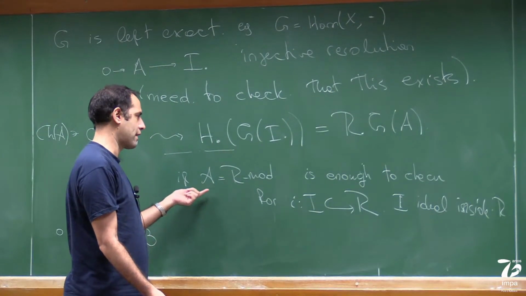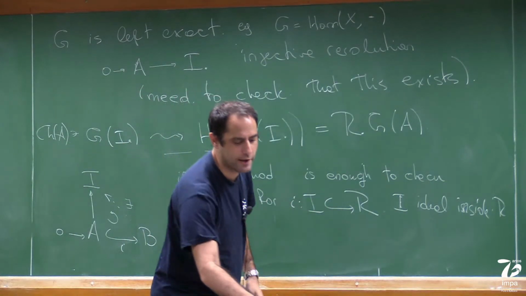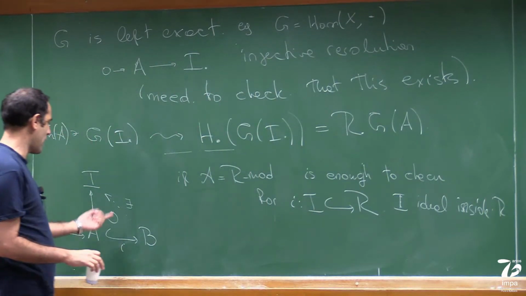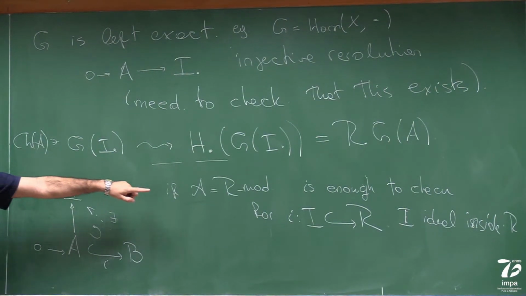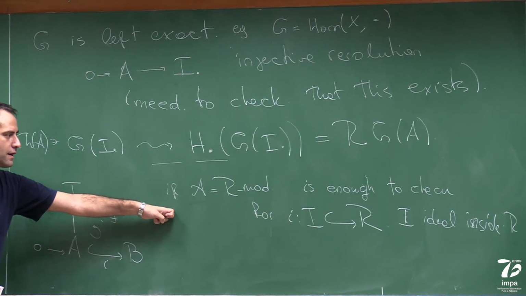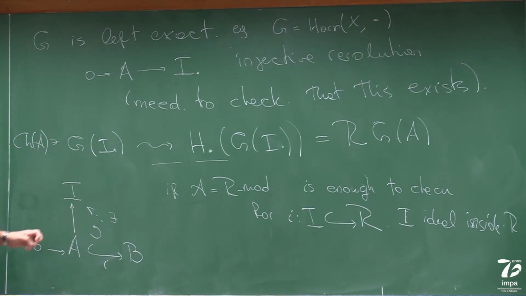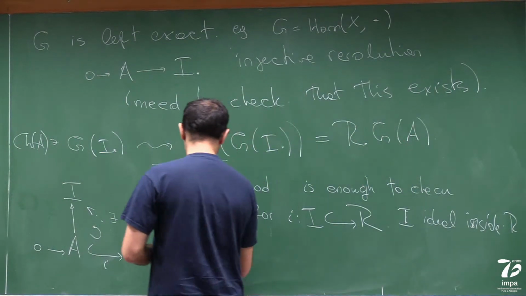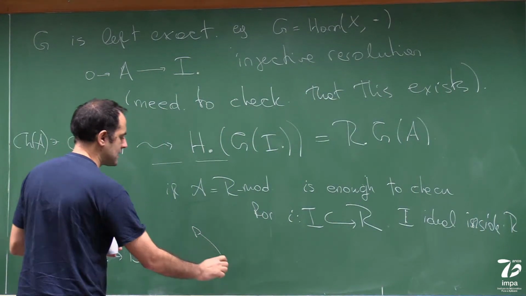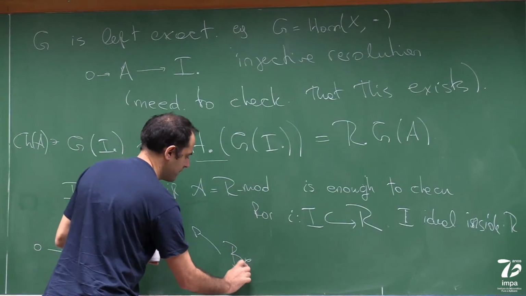And if I'm looking at the category of right R-modules, then this should be a right ideal. But either way, we've checked that. Of course, if this holds for any injection, then it's going to hold for those. But we checked that if this holds for these ideals, then it holds in general for arbitrary modules. So that was one of the theorems proved, that this is an equivalence, and this was called Baer's criterion.